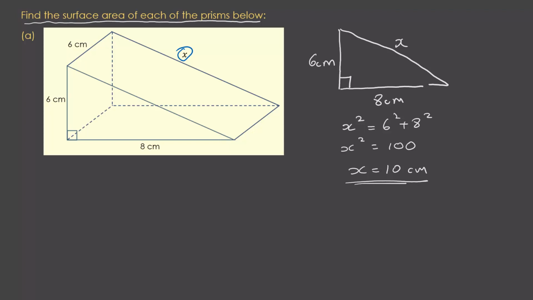So the end here is a triangle, and the one on the back there will also be the same triangle. And that is, of course, this triangle just here.